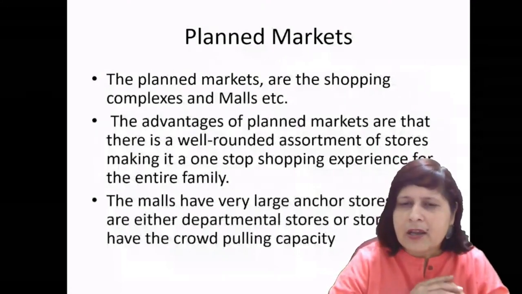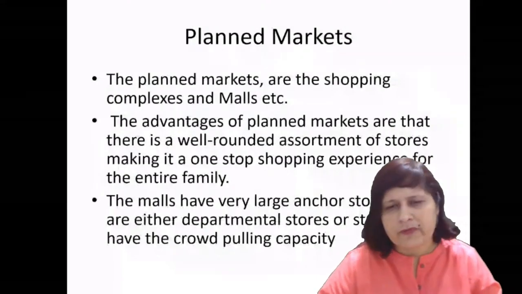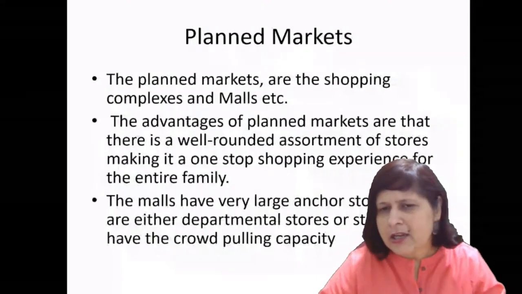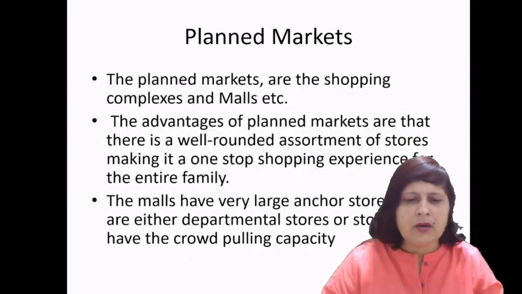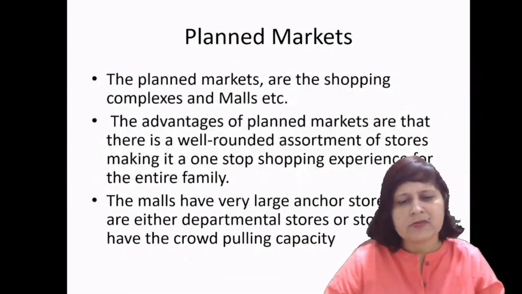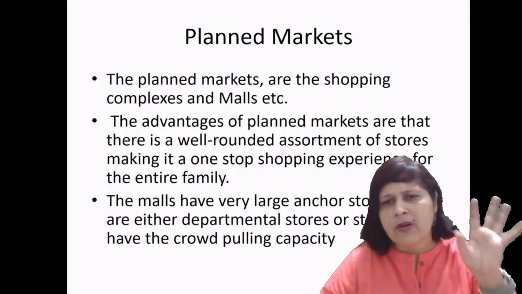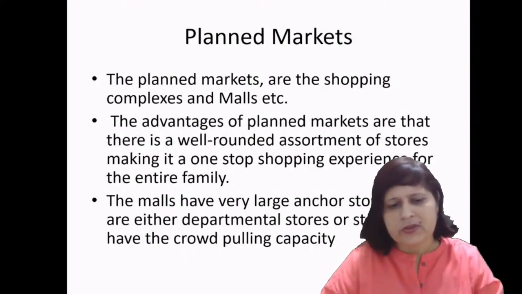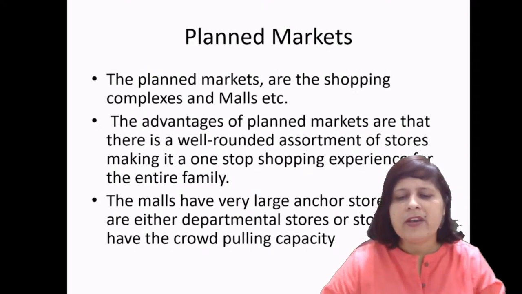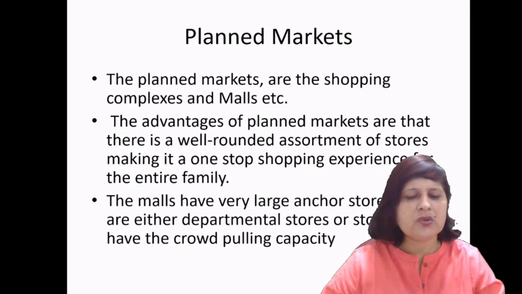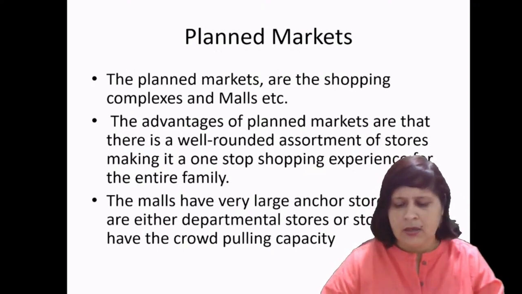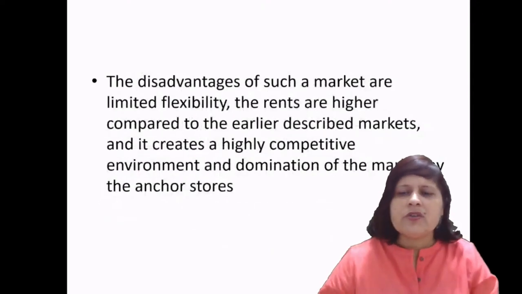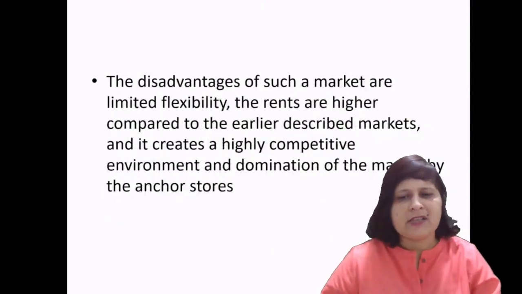You will get n number of types of stores where you will get n types of products, and that's why it becomes the one-stop shopping experience for the entire family. Everyone will get whatever one wants. The malls have very large anchor stores, which are either departmental stores or stores which have crowd pulling capacity, right? The disadvantage of such markets is limited flexibility.